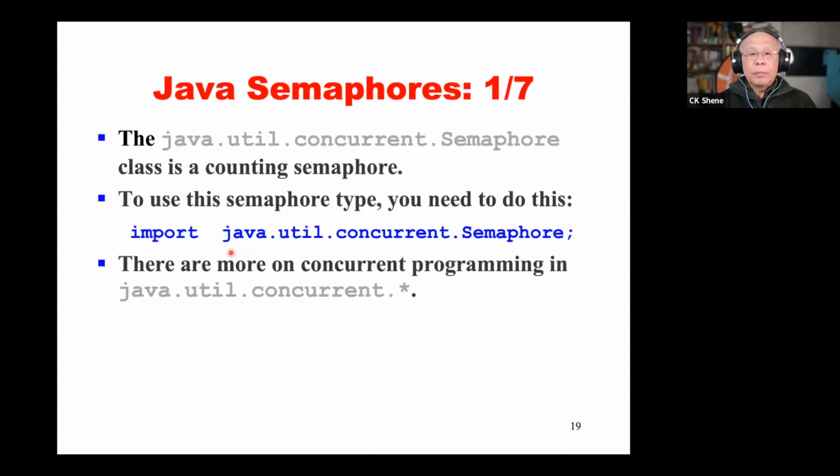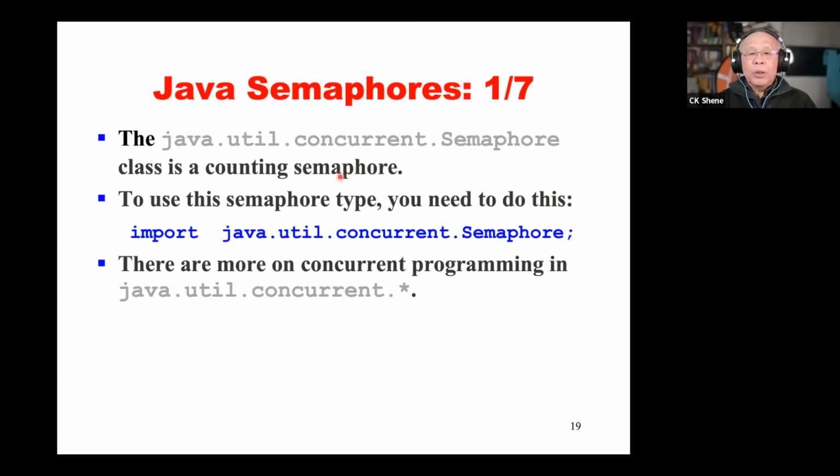Now, the early versions of Java don't have semaphores, but later Java versions have semaphores. This class, java.util.concurrent.Semaphore, is a counting semaphore.